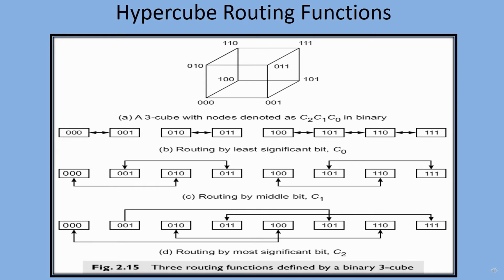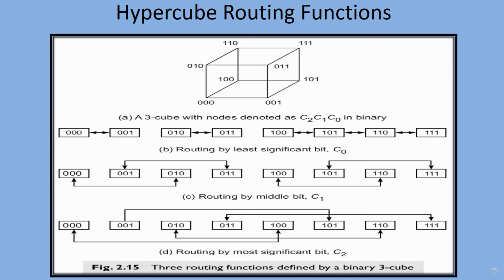The cube nodes are indicated with 3 bits. Now the mapping can be routing by least significant bit, routing by middle bit or routing by most significant bit. The concept here is that the mapping will happen only if there is a change in one of the bits.